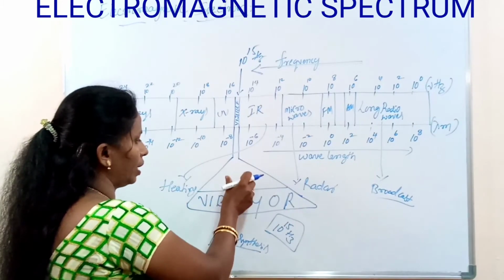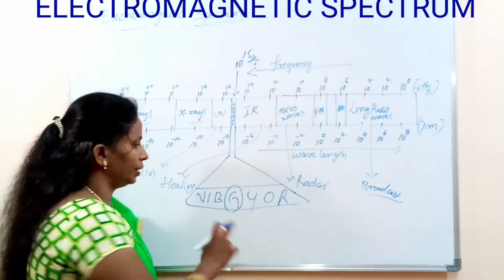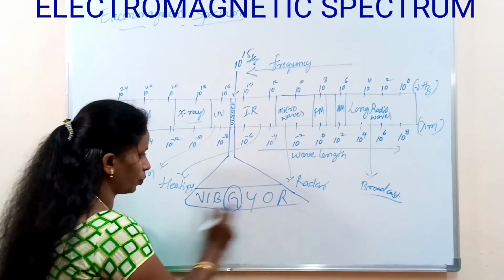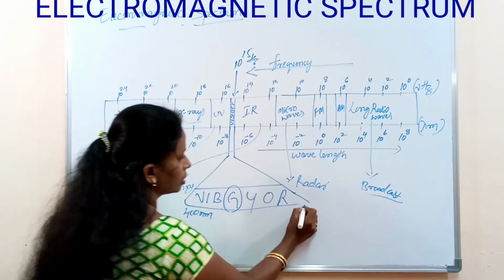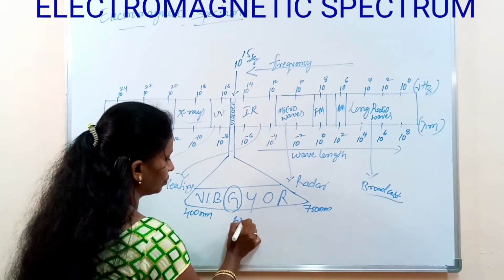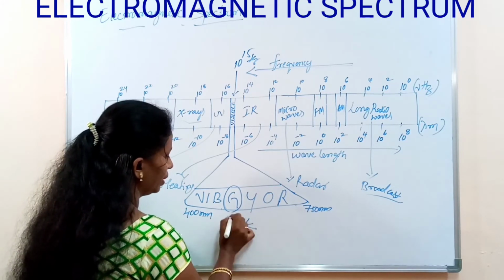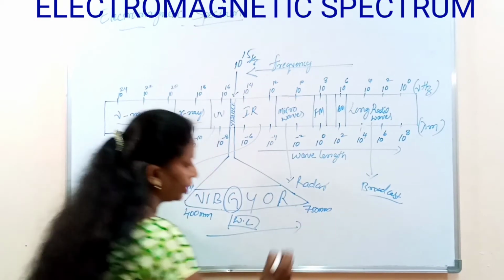This visible radiation, VIBGYR, starts around 400 nanometer to 750 nanometer. This is wavelength. Wavelength increases from violet to red radiation.